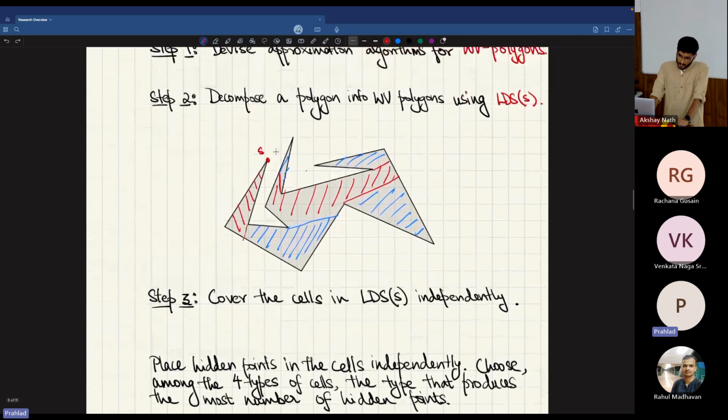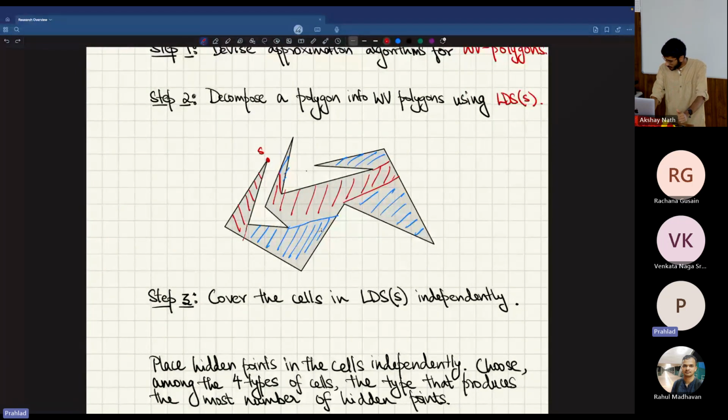Right. So once you do this, one more thing is that these particular polygons are indeed weakly visible, and they're weakly visible from the edge which we use as the window, right? By which I mean that every point in, for example, this red can be seen through this blue window, and that is essentially by definition.